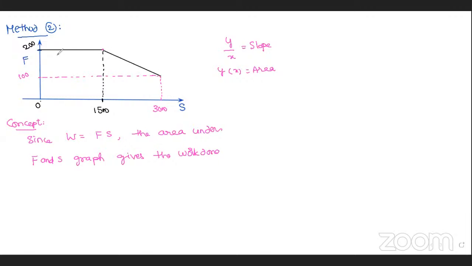So if you are able to calculate the area under the graph up to here, what is this much area? He is asking for the total work done, which means up to 30 meters. If you are able to calculate this total area, then you will get the total work done.